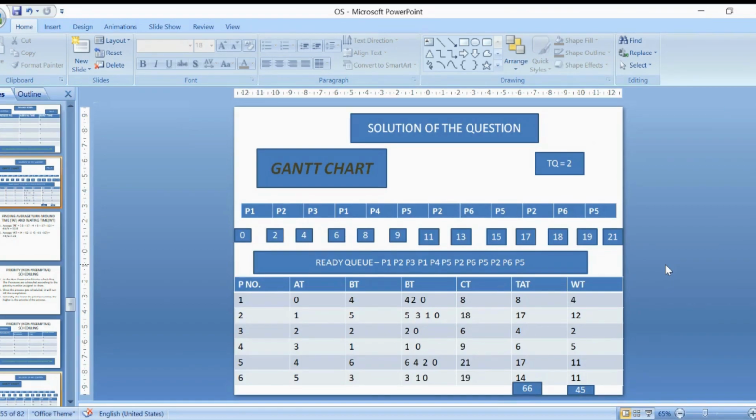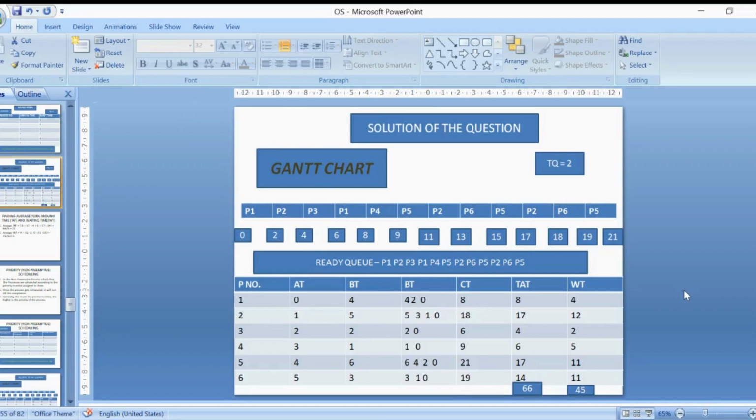After that, P3 will execute since it has 2 burst time remaining and the time quantum is 2, so it will execute its full burst time. So we are not required to write it in ready queue. Now the Gantt chart value becomes 6. At the time interval 6, P6 has arrived. So we need to write P6 in the ready queue.